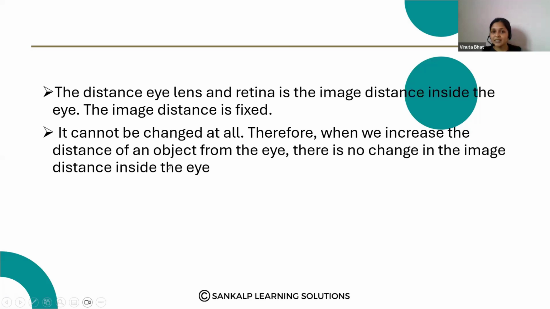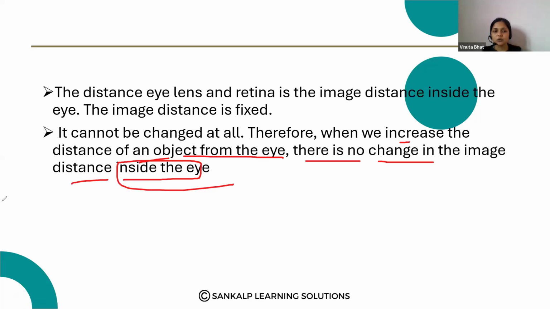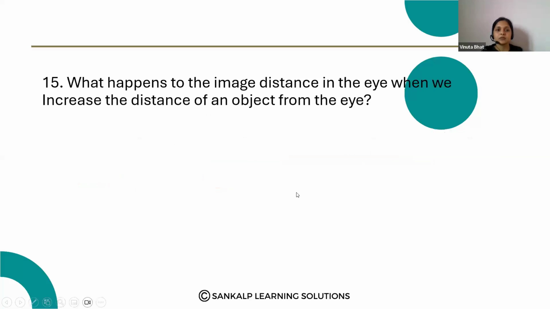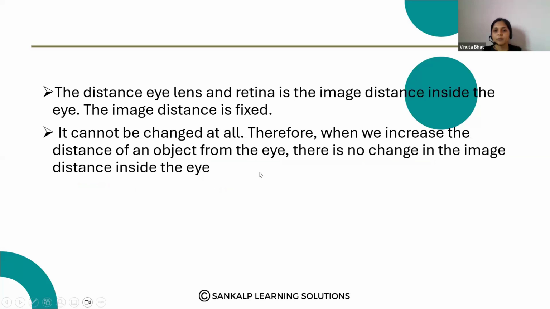Therefore, when we increase the distance of an object from the eye, there is no change in the image distance inside the eye. So this is the correct answer. You have to write the answer like this.